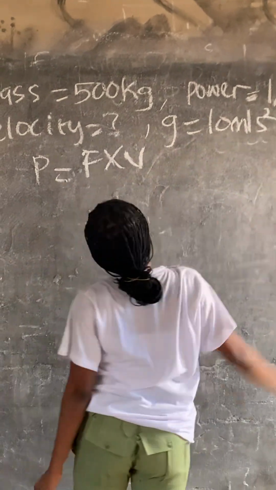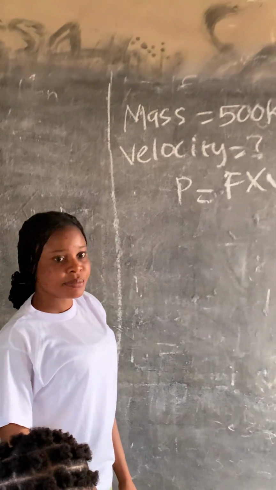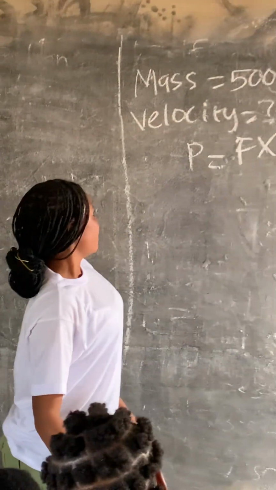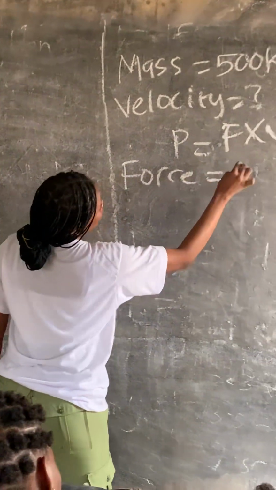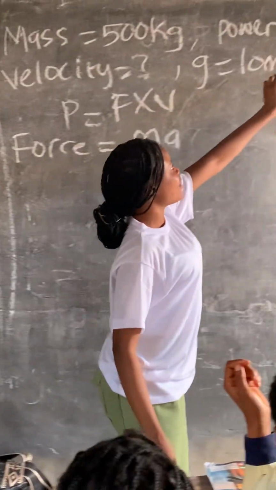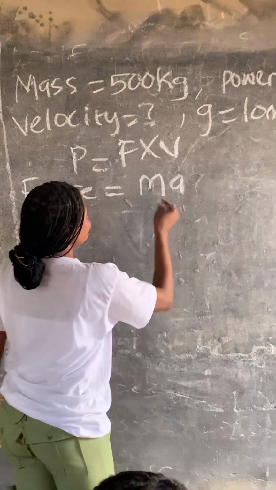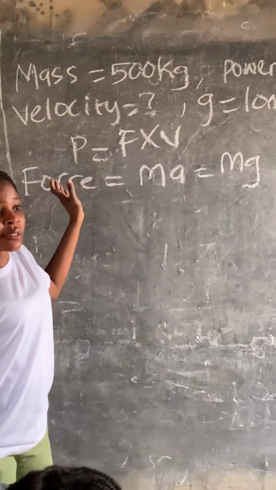So from here, we can solve for our force. Our force then is equal to mg, because this meter per second squared is acceleration, okay? Anyhow, it's still force.